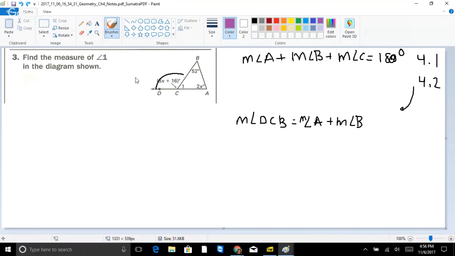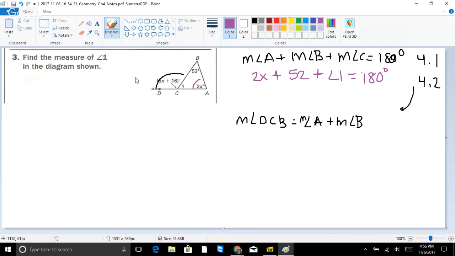We know that the measure of angle A is 2x. The measure of angle B is 52. And we don't know C, we're just going to call it angle 1, equals 180 degrees.